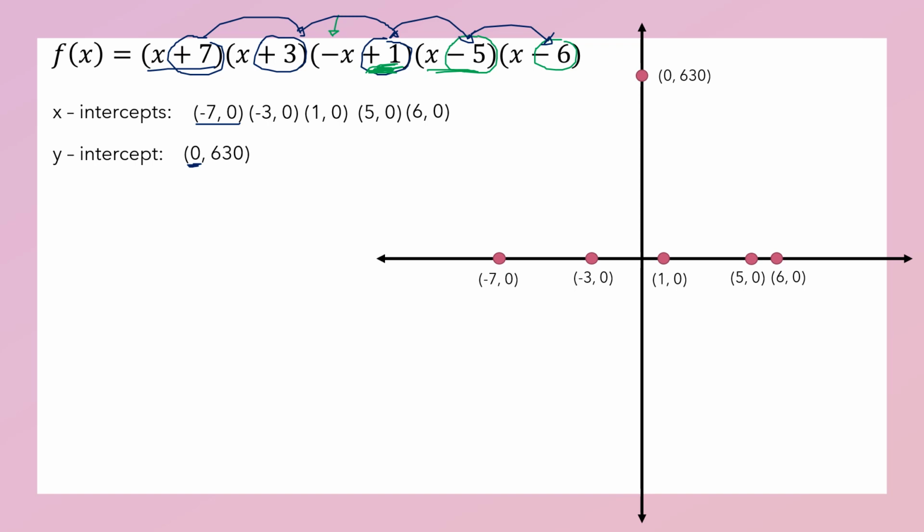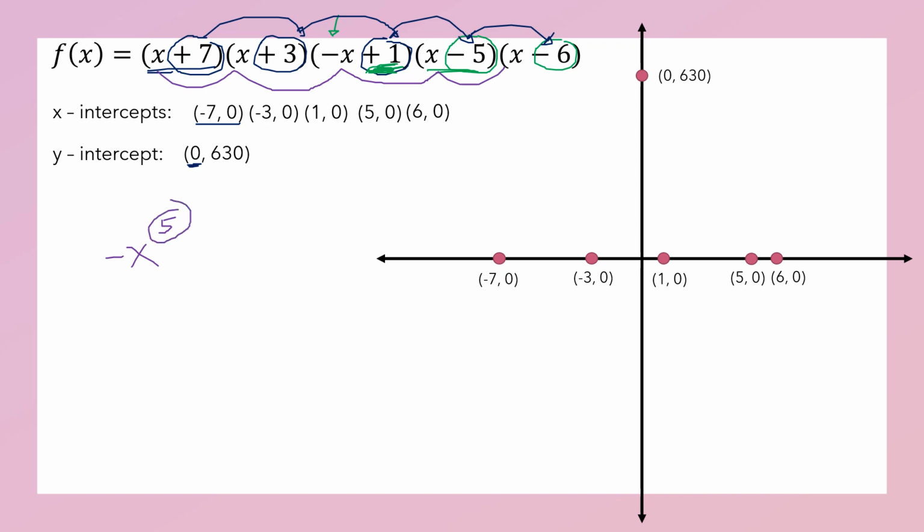So our leading term here is x times x times x, negative x rather, times x times x. So we do have 5 pieces of x, so we do have x to the 5th power, and our coefficient here is negative, because x times negative x times x times x. So we do have negative x to the 5th power.